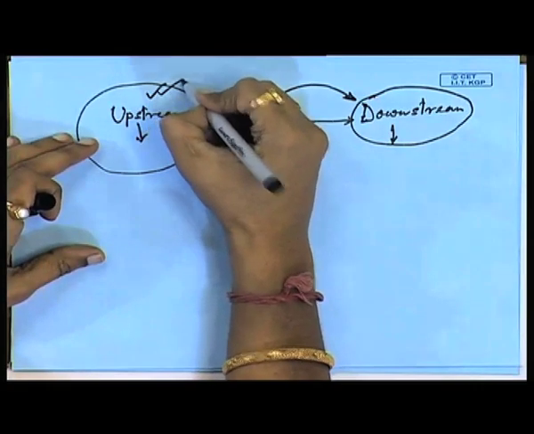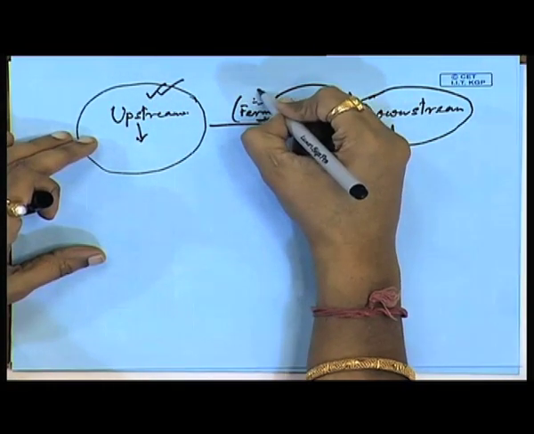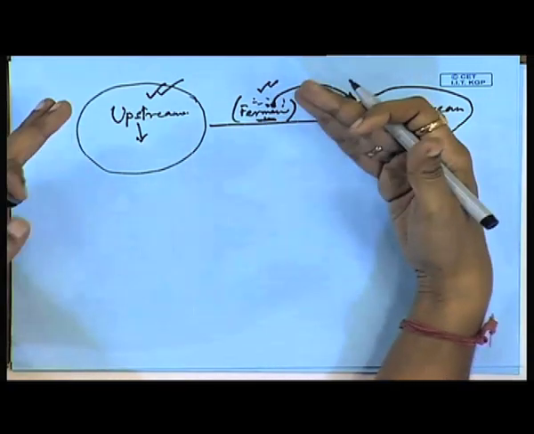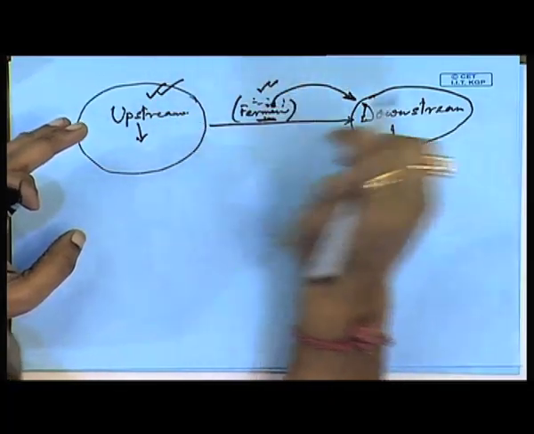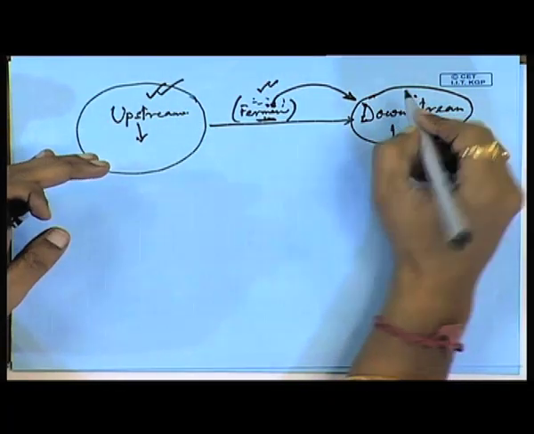The entire process can be divided into the upstream process, then the transition process where metabolites and targeted products are getting produced, which is the transition phase between upstream and downstream, and once the product is produced, we start the downstream processing.